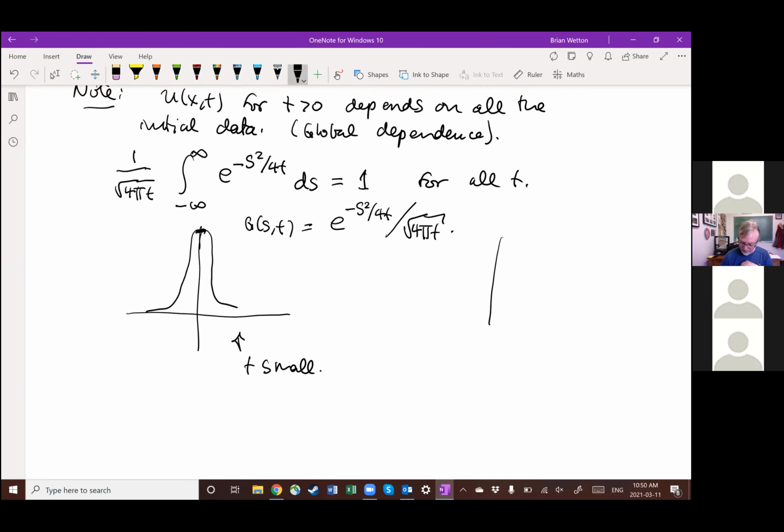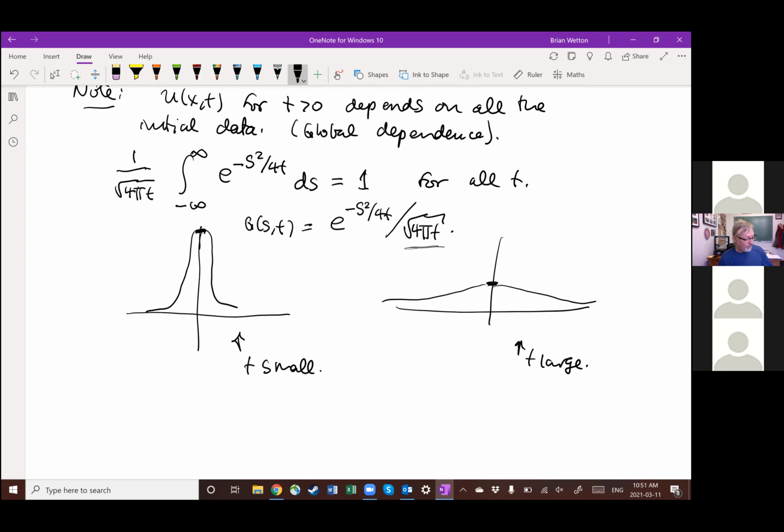And if I look at t large, then my maximum value is small, but my integral is still 1, and so I'm spread out very far.